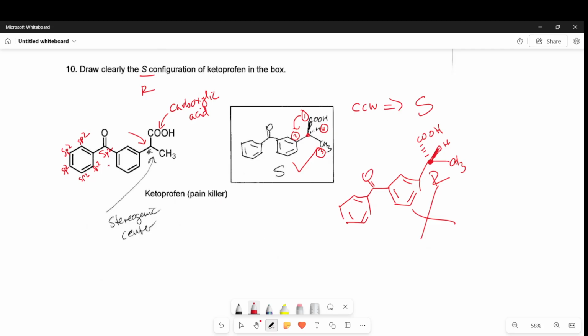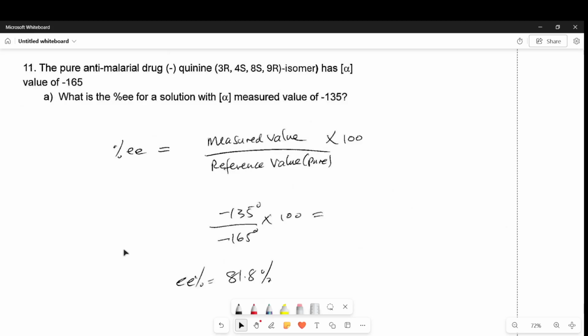Okay? With this, we'll continue to the next question number. So question number 11 is still in the area of stereochemistry, but it's a calculation of the optical rotation. The pure anti-malarial drug minus quinine, which has these stereogenic centers, 3R, 4S, 8S, 9R isomer, has an alpha value, that's the degree of optical rotation, of minus 165.